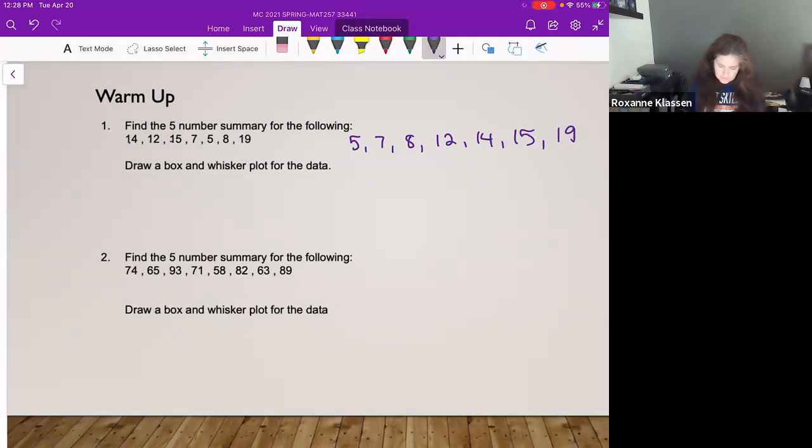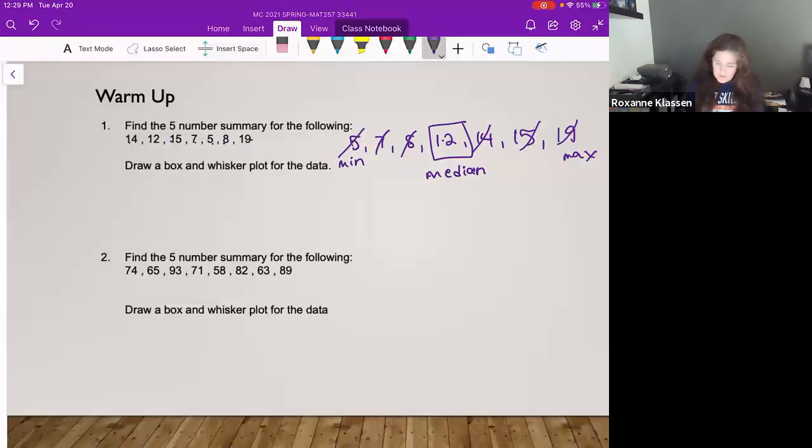And this is what I do. I go 1, 2, 3, 4, 5, 6, 7, just to make sure I got them all, right? So my min is this, my max is this. So if I mark them off from the end, my median is 12. Do we agree with that?